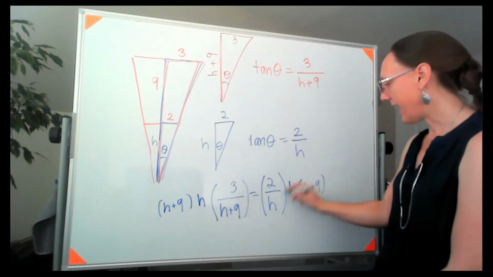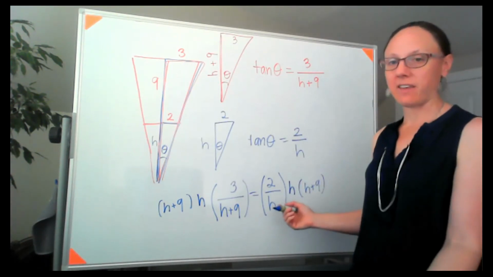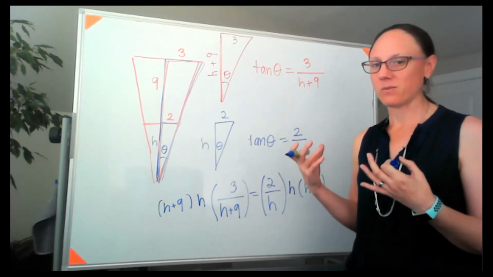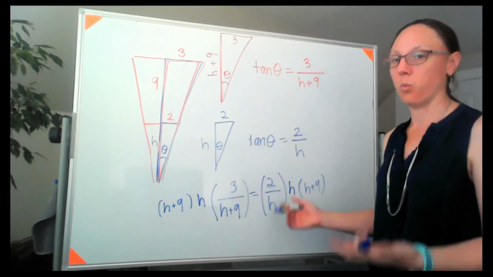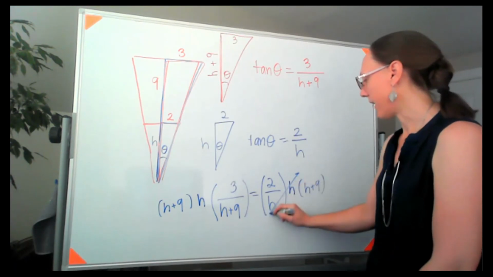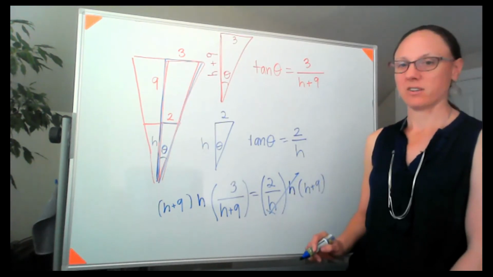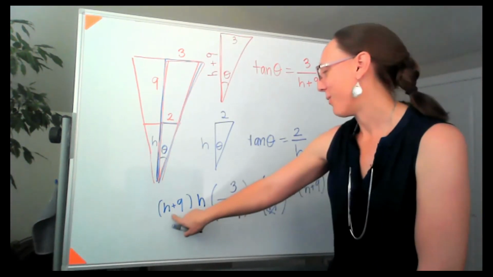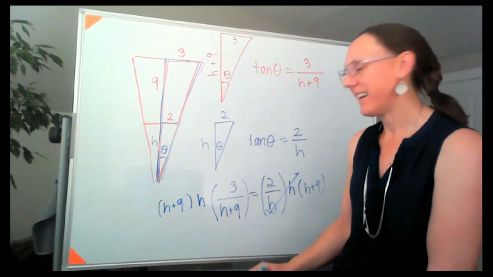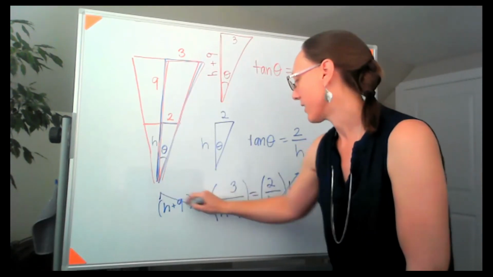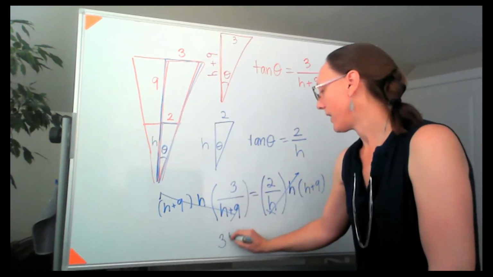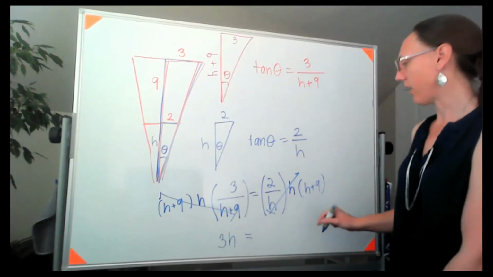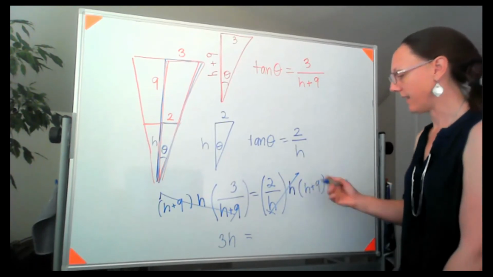So this h over h, we could say they cancel out, but somehow cancel out sounds like 0 to me, and it's not going to be 0. h over h is 1. So I like to write a giant 1 instead of just crossing it out. h plus 9 over h plus 9, again, that is going to be a giant 1. So on this side, I'm going to be left with 3h. And over here, I'll be left with the 2 and the h plus 9.